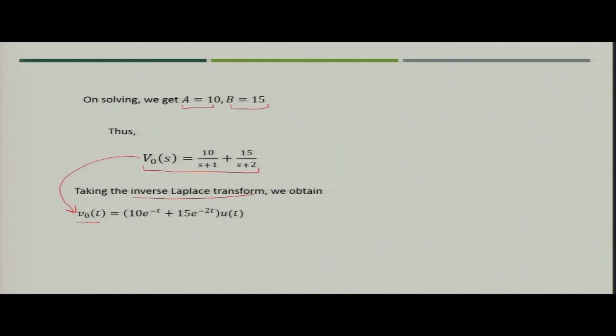You will get V naught t is nothing but 10 into e to the power minus t plus 15 into e to the power minus 2 t, and then you multiply by the unit step function to represent that this will be valid for time t greater than 0.